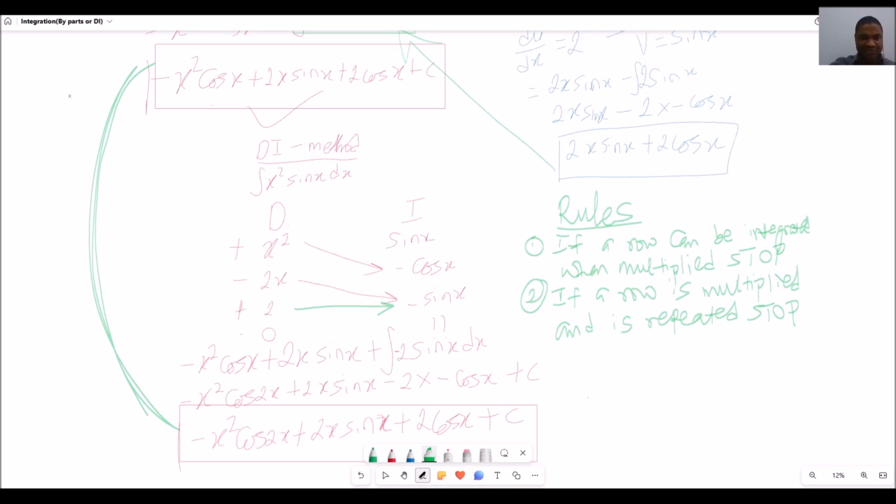Where did I get 2x from? Wow, how nice. So this is x squared cos x. Then 2x sine x plus 2 cos x, done.